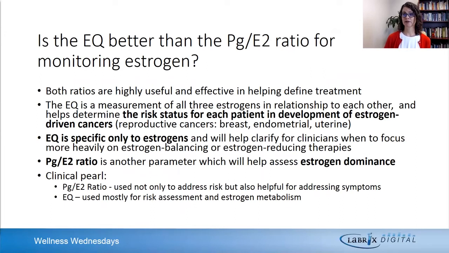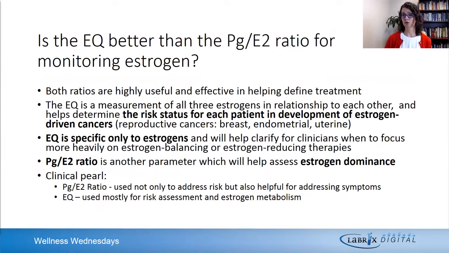Is the EQ better than the PGE2 ratio for monitoring estrogen? No, it's definitely not better. It's just another wonderful tool that you have to use. Both of these ratios are highly useful and effective in helping to define treatment. The EQ is a measurement of all three estrogens in relationship to each other, and it helps to determine the risk status for each of your patients.